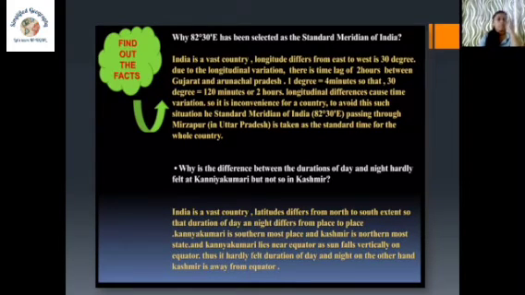Now the questions given in the NCERT book. Why has 82 degree 30 minute east been selected as the standard meridian of India? India is a vast country. The longitude difference from east to west is 30 degrees. We have already discussed it, but for revision, this 30 degree difference causes a lag of 2 hours.